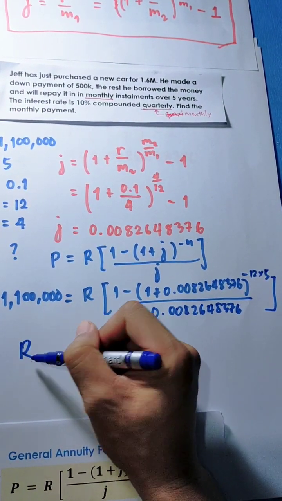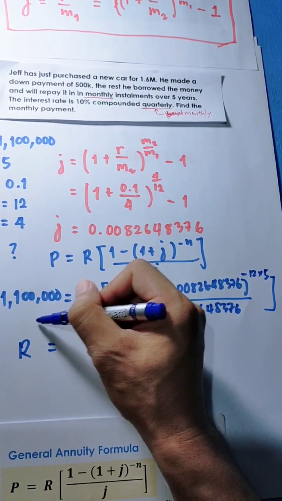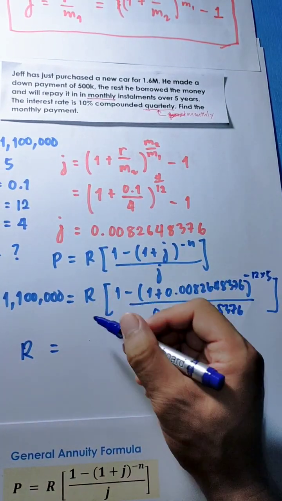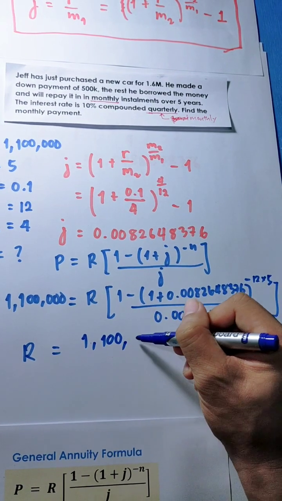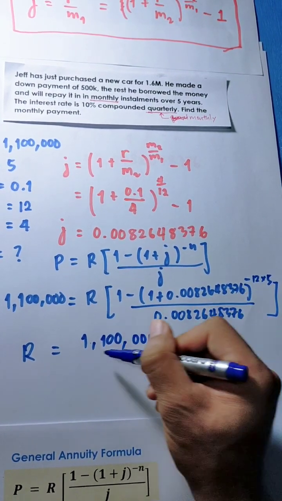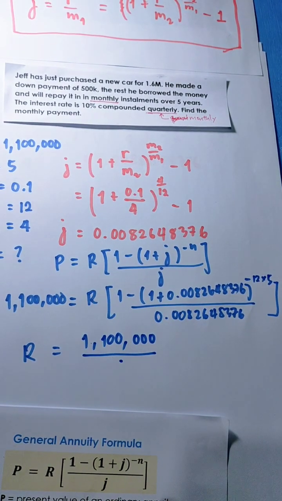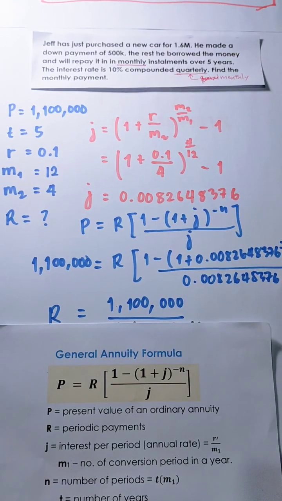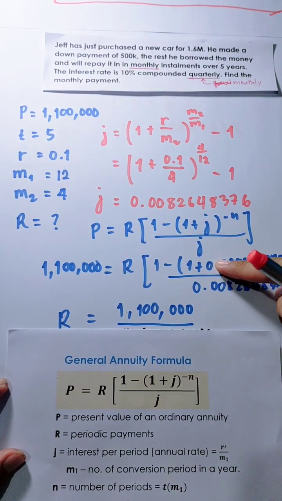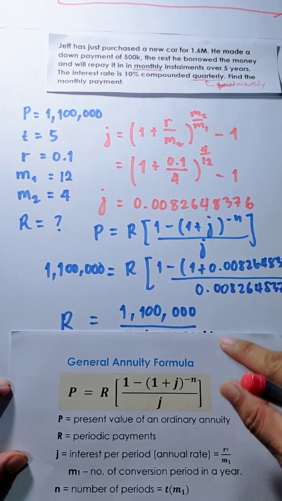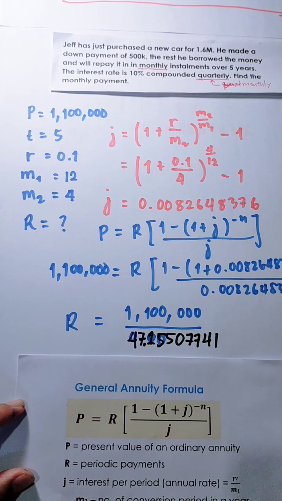And to solve for R, we can cross multiply this. It will become a denominator for our left side and flip it. So we have 1,100,000. And the value for this one, let's use our calculator first. Okay, with our calculator, this value here, when we cross multiply it, becomes 47.15507.